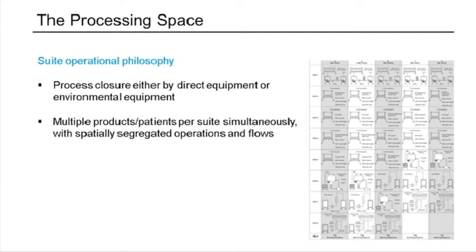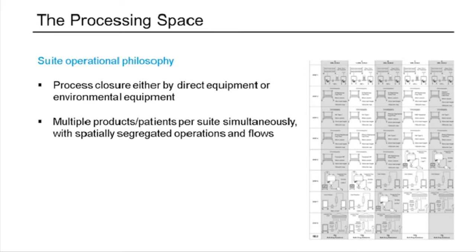And while you might say that yeah, the regulations support it, but who's really doing that? We've worked with several well-established companies who operate in this manner with multiple product lines or patient lines within the same operational suite. So it is being performed right now. And again, this is really the approach to maximize the return potential of your cost investment.